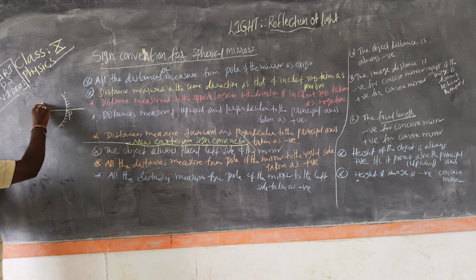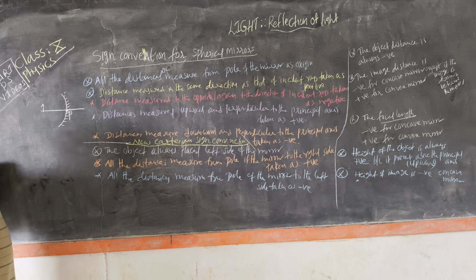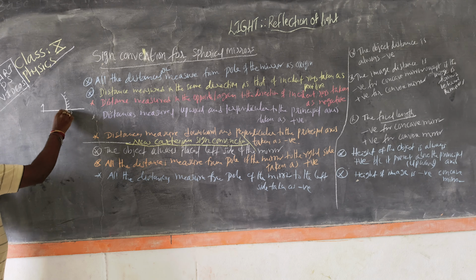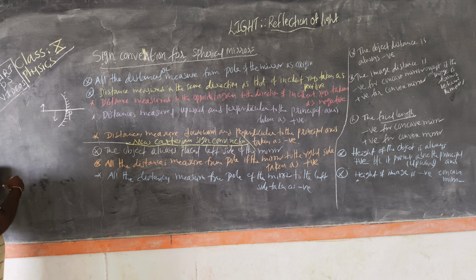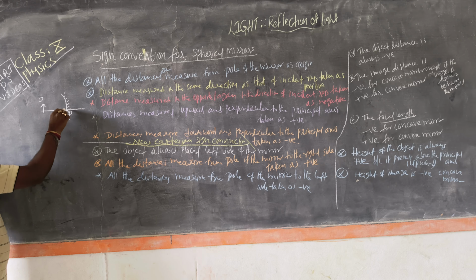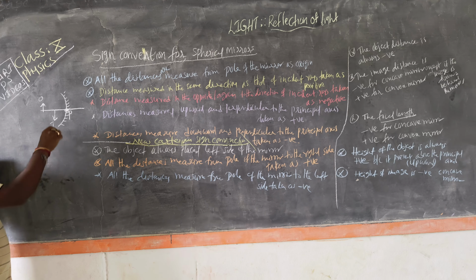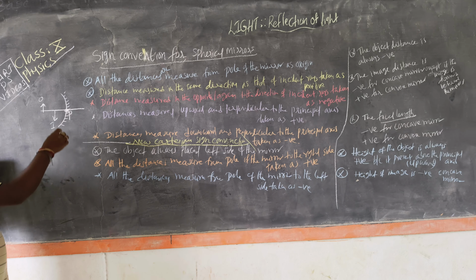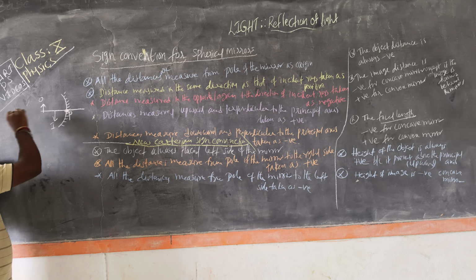So if the object is placed here, and here the image is formed, the distances can be measured from the pole as an origin, as a reference point. All the distances are measured from the pole.